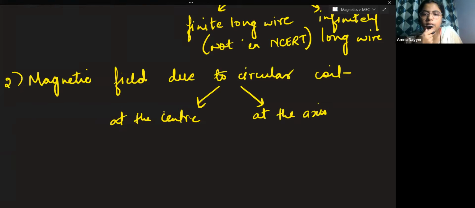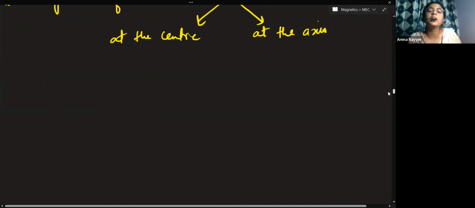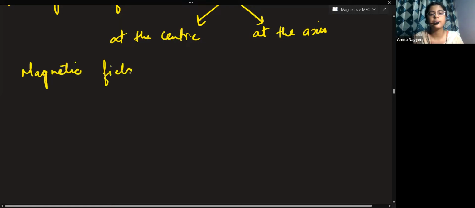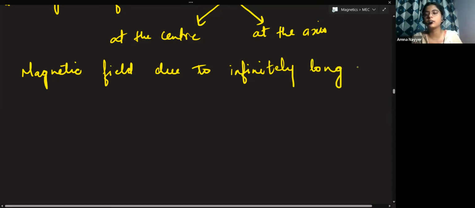So second derivation we'll do, but let me tell you the formula for the infinitely long wire. Formula you can remember, and questions will come from the formula. Magnetic field due to infinitely long wire.